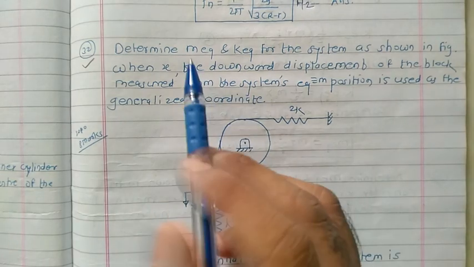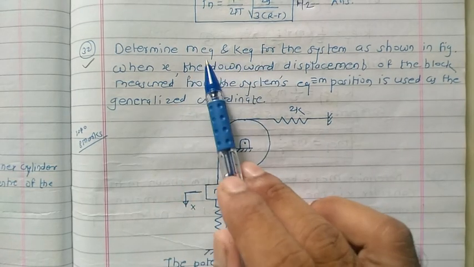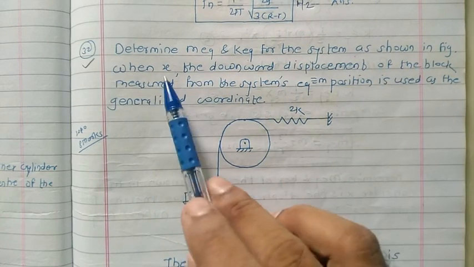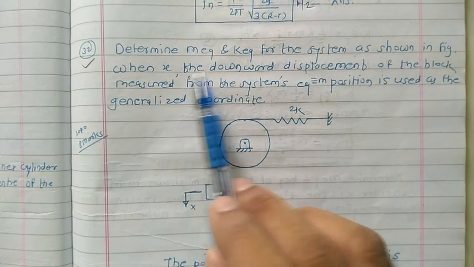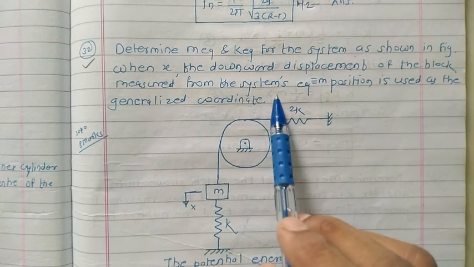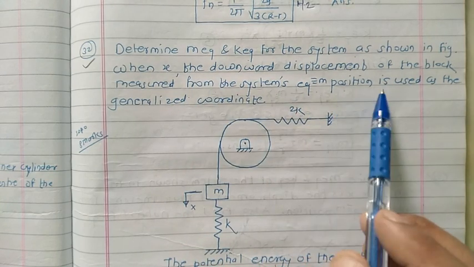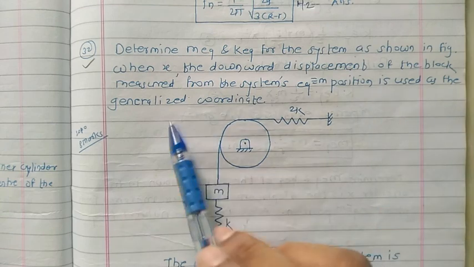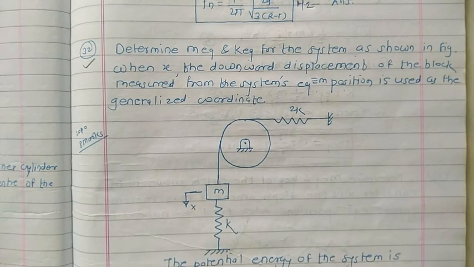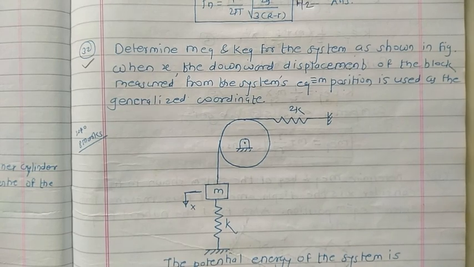Next problem: determine the M equivalent and K equivalent for the system as shown in the figure, when x, the downward displacement of the block measured from the system's equilibrium position, is used as the generalized coordinate. Here the system is given like this.